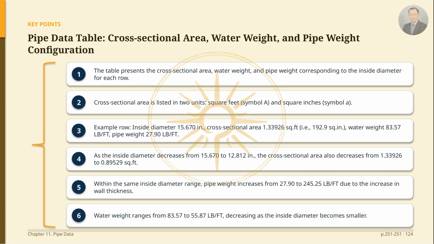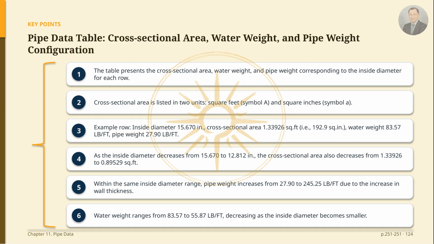However, please note that even within the same inside diameter range, the pipe weight can increase up to 245.25 pounds per foot, depending on the wall thickness. Please check the detailed figures in the table according to your design conditions and utilize them for the necessary pipe specifications and load calculations.